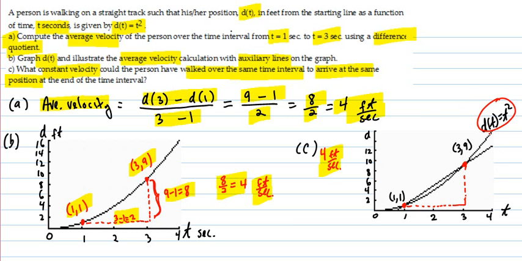We had the function here, d(t), and then you draw in the constant slope line here, and that has a slope of 4 feet per second. And again, the difference is the 9 minus 1, which is 8, and the 3 minus 1, which is 2. So you have your constant slope of 4 feet per second.